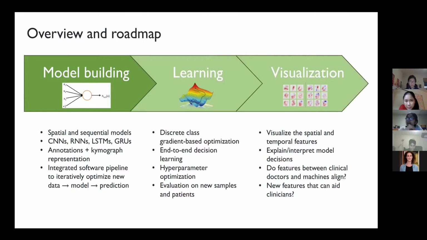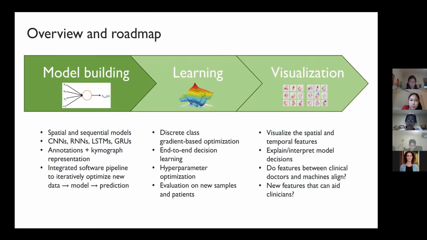So after the model building, we have the actual learning part, which is we use a discrete class gradient-based optimization. What this basically means is that we try to learn which is the best model and which are the best parameters for our model using various optimization techniques. And we do end-to-end decision learning. So instead of breaking down a process into multiple steps, we go directly from here is some blood video, and here is our answer as to whether this person has sepsis or does not have sepsis.